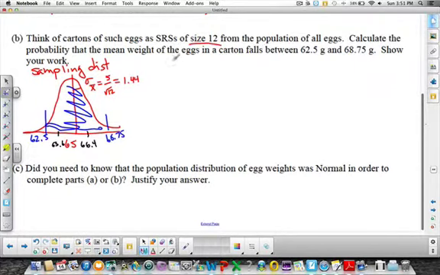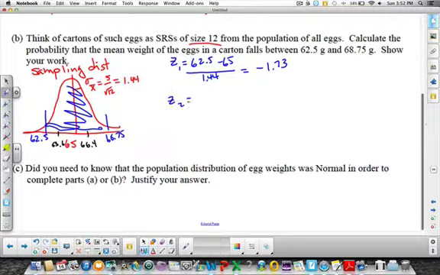We still follow the same process of finding the two z-scores. My first z-score would be 62.5 minus 65, but now we're going to divide by that new standard deviation of about 1.44, and that gives me a z-score of negative 1.73.